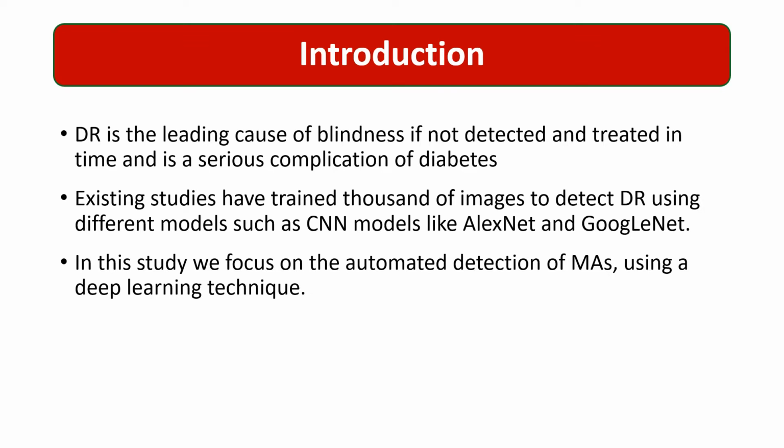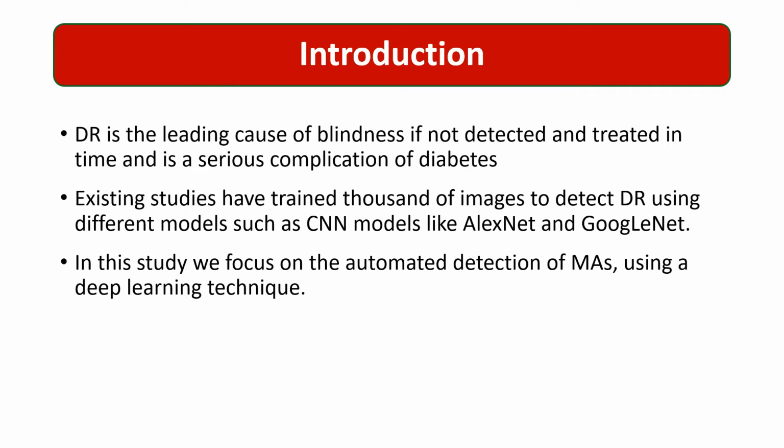Now let's dive into the introduction. DR is the leading cause of blindness if not detected and treated in time, and is a serious complication of diabetes. Since DR is a progressive eye disease, the early detection and diagnosis of DR is important to prevent patients from blindness.